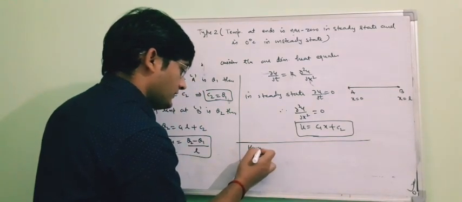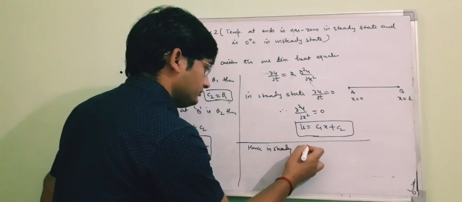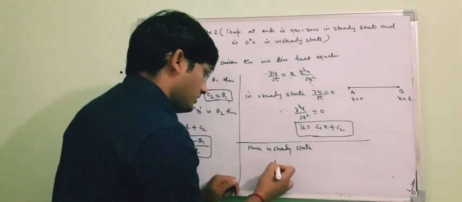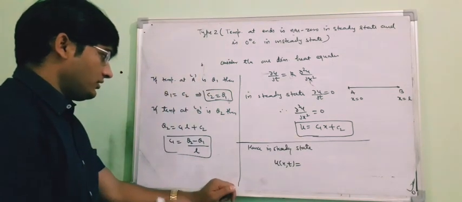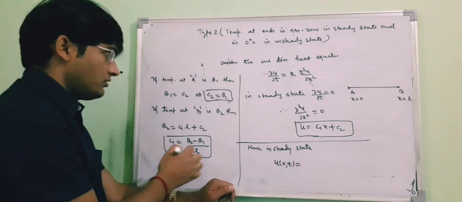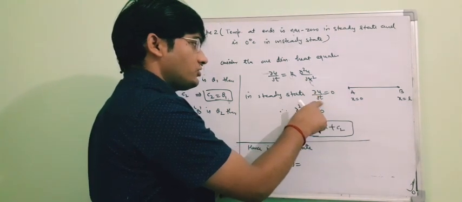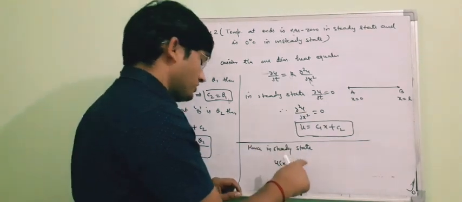Hence in steady state condition, as you know that here your temperature does not depend on time, so this is your 0. So in this case your temperature will be C1 x plus C2.